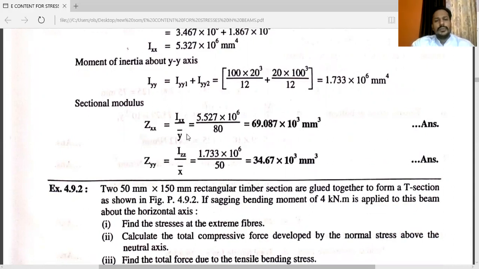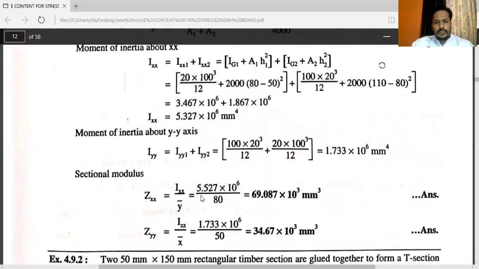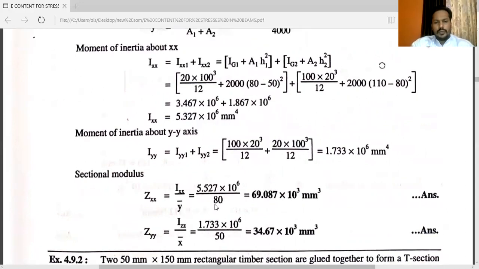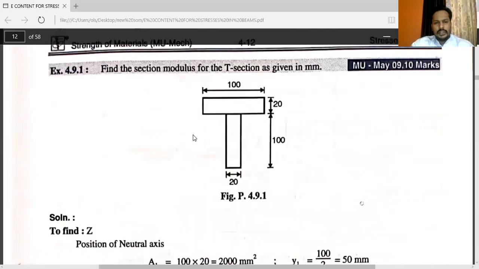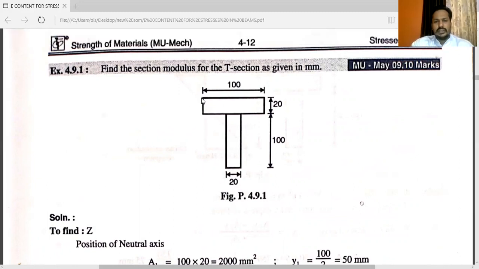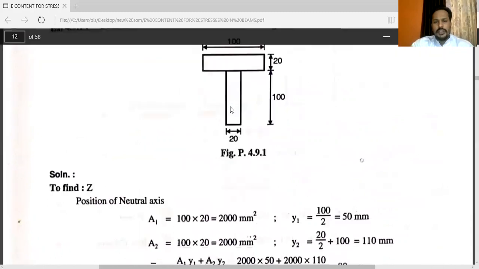So Zxx is equal to Ixx upon y bar. We have the value of y bar, that is 80. Here, suppose you are considering this vertical line as the x-axis, then x bar will be 100 by 2, that is 50.